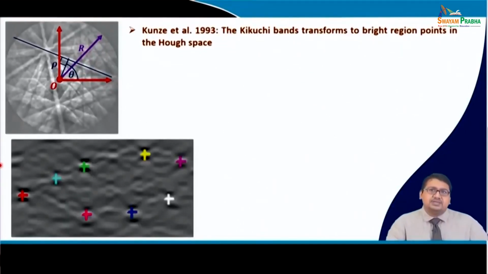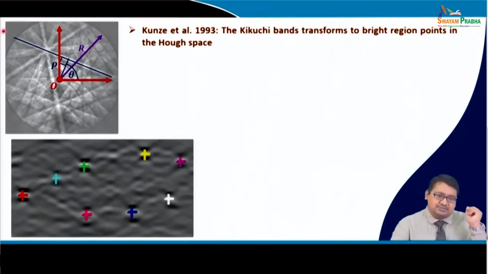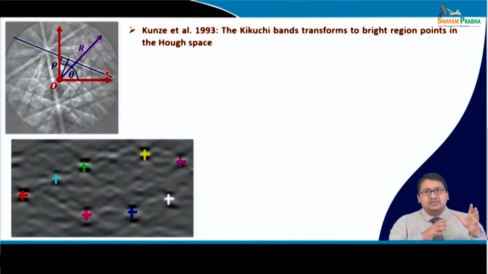So, as I said in the last lecture, the bands which are present in the Kikuchi pattern, one of the bands is basically a bright line in the pattern space.